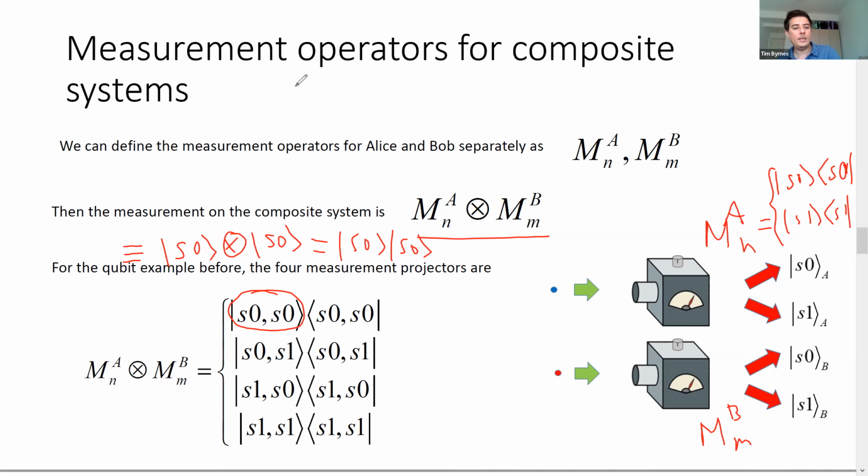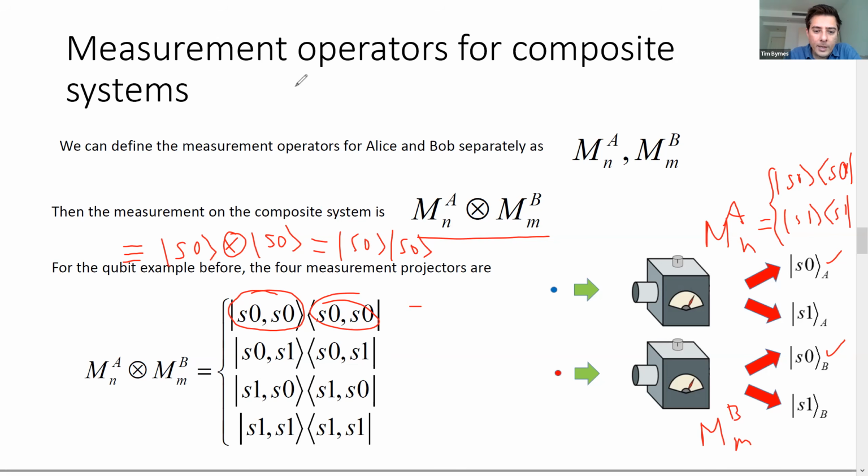Basically that thing there is the same as just the tensor product of the 2 outcomes. This is when both Alice and Bob get S0. And then if we can construct the ket vector for it, then we can also construct the bra version of it, which is just the conjugate transpose vector. And this basically forms one of the outcomes.